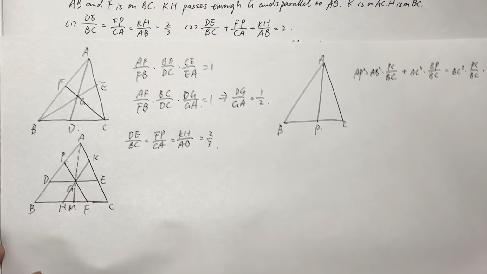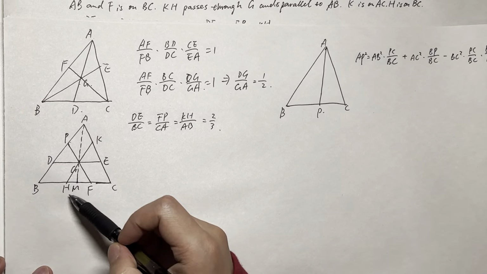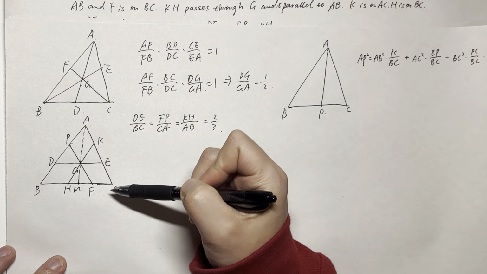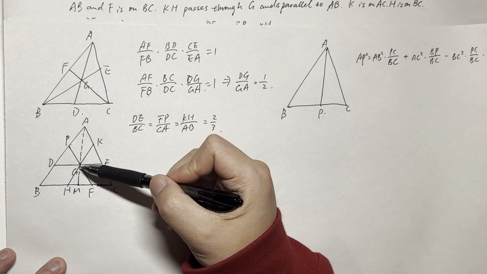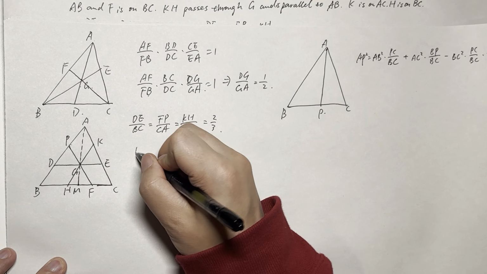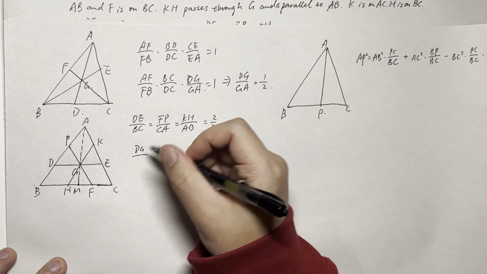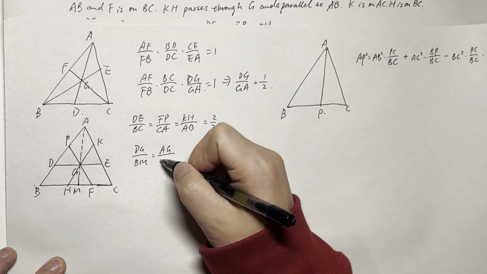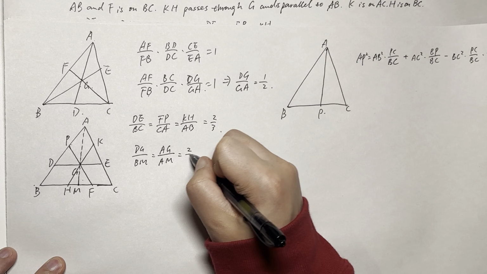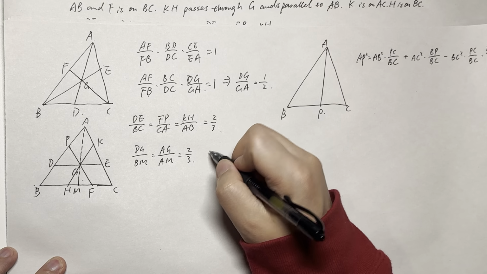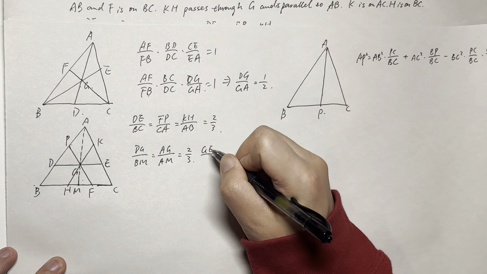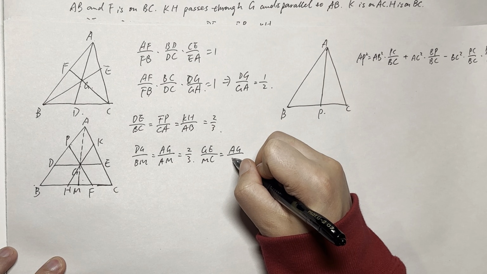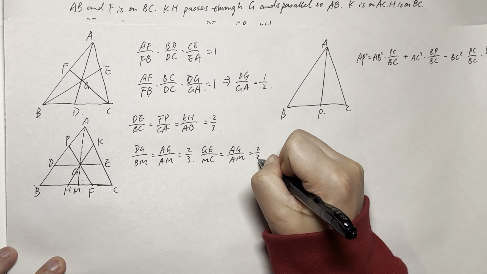Because DE is parallel to BC, DG to BM equals AG to AM, which is 2 to 3. And GE to MC equals AG to AM, which is 2 to 3.